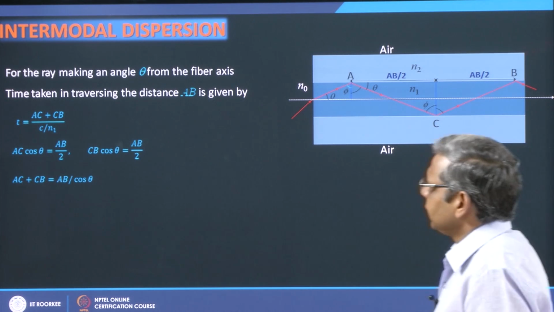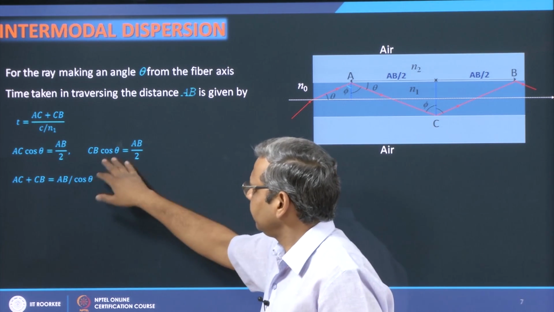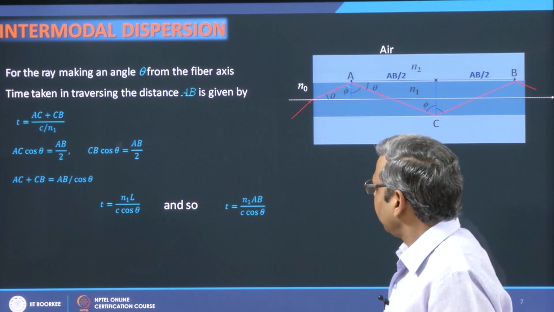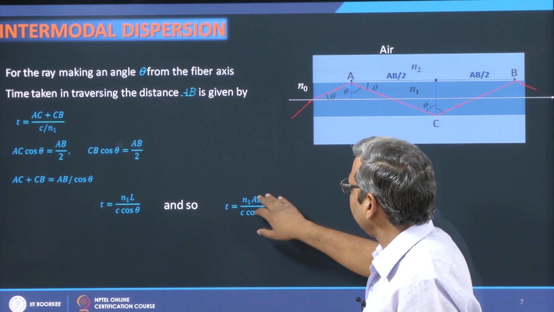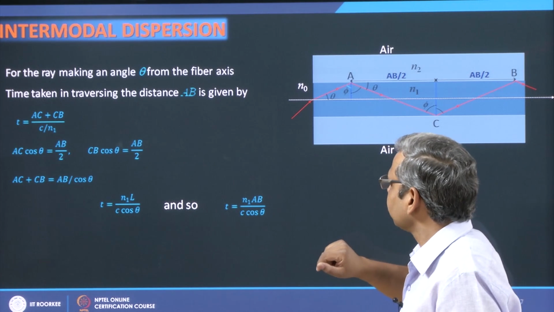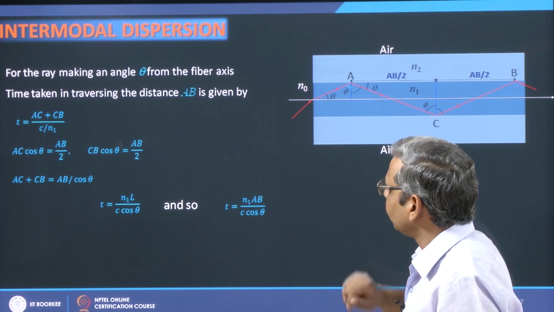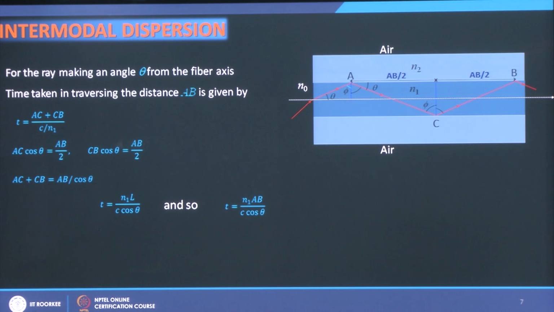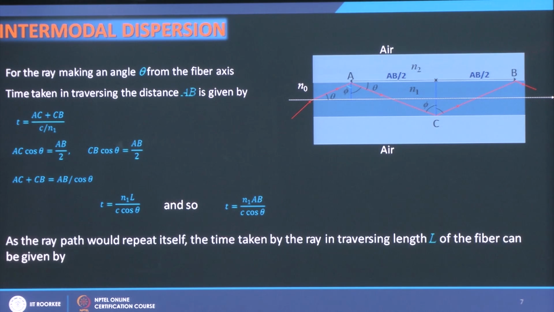Now, if I find out AC plus CB, then AC plus CB from here is AB over cos theta, and in this way I will have T is equal to N1 AB over c cos theta, and therefore for L length of the fiber it would be N1 L over c cos theta.